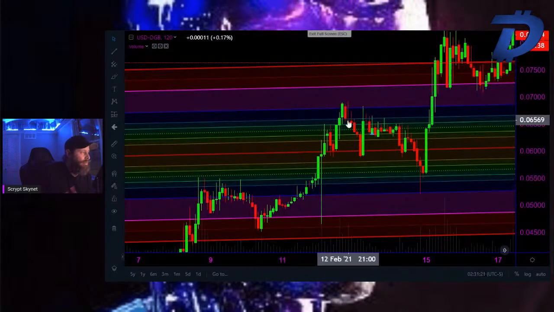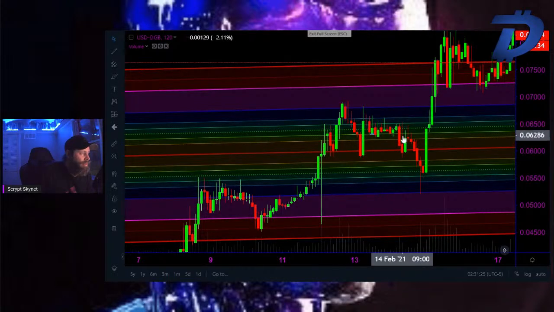So it's like bouncing back and forth here. Found support on the median line and went sideways, capitulated, and went down to the support here.